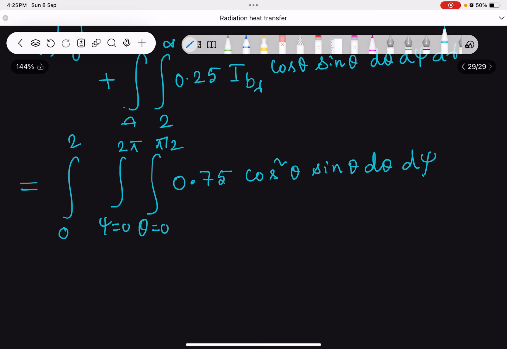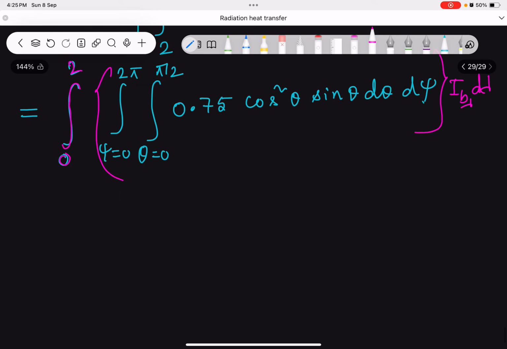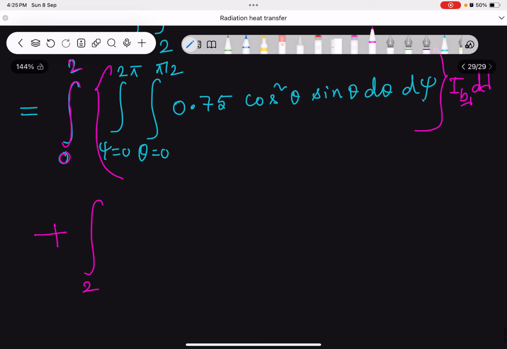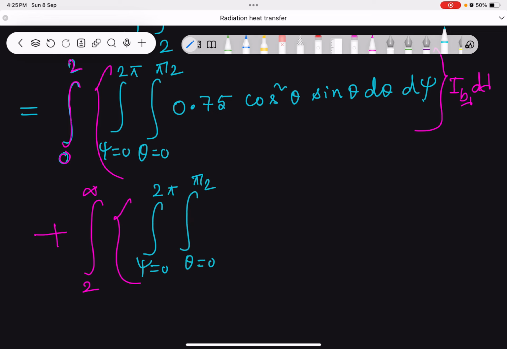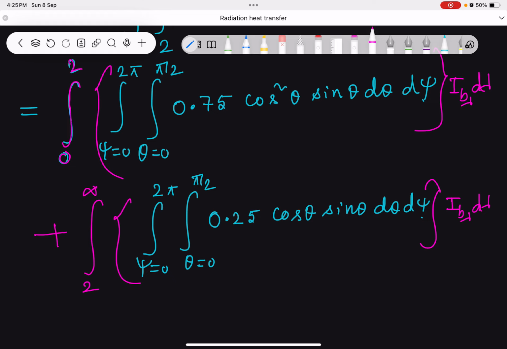This whole thing is a constant into I b lambda d lambda, integrated from 0 to 2, plus again integration from 2 to infinity. Then again psi is equal to 0 to 2 pi, theta is equal to 0 to pi by 2, and you have 0.25 cos theta sin theta d psi, and then I b lambda d lambda.